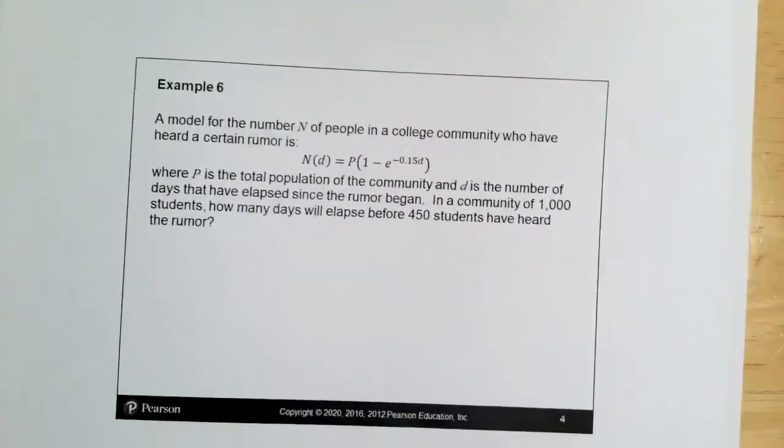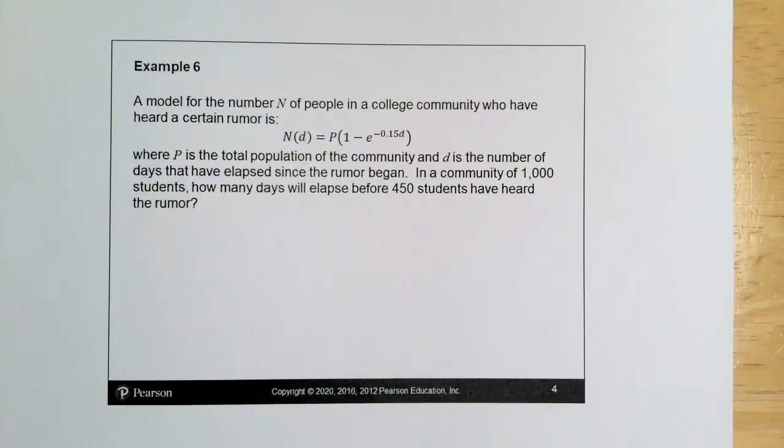And example 6 is just a way to apply both the letter e and how to use an exponential equation in the real world, right? So a model for the number n of people in a college who have heard a certain rumor is that number equals P, which is the total population of the community, times 1 minus e to the power of negative 0.15 times d, where d is the number of days that have elapsed.